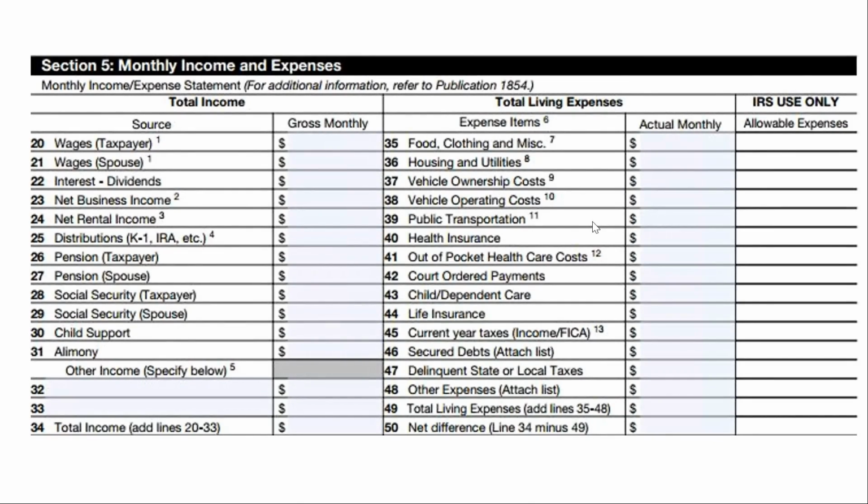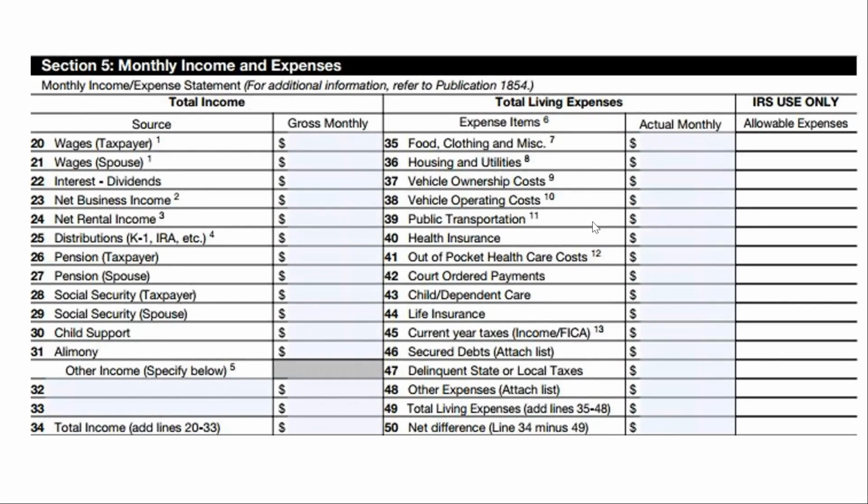If there's money coming in, it needs to be listed here on the Form 433A. Pure and simple. So that includes child support. Child support isn't taxable, but it needs to be listed here. Disability income, well, it's not taxable, last I checked, but that needs to be listed here.